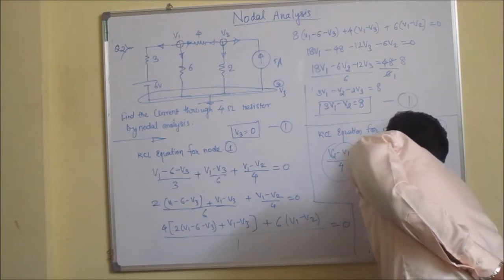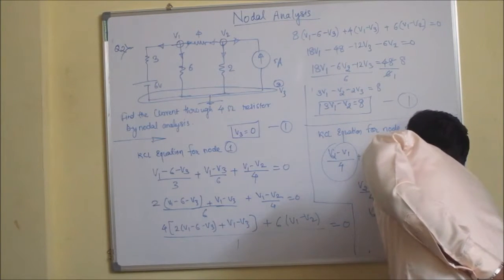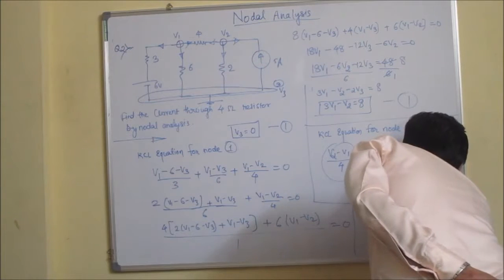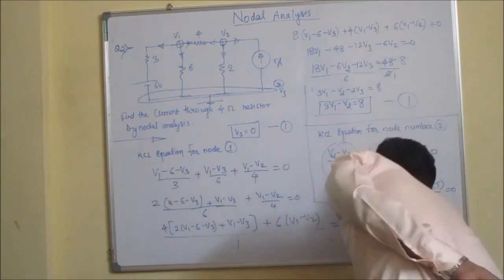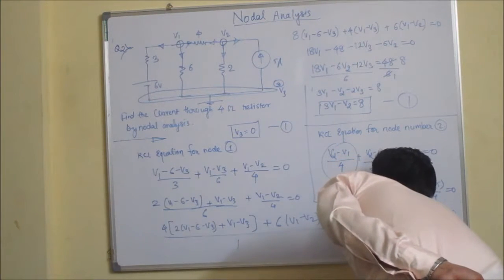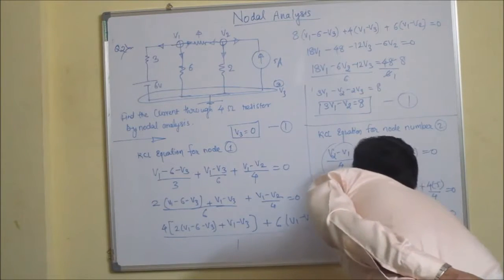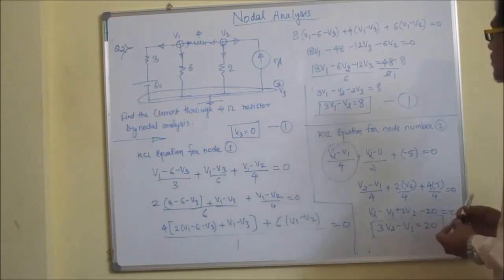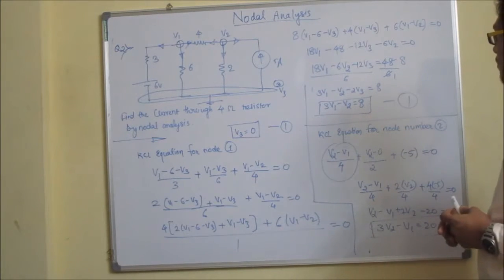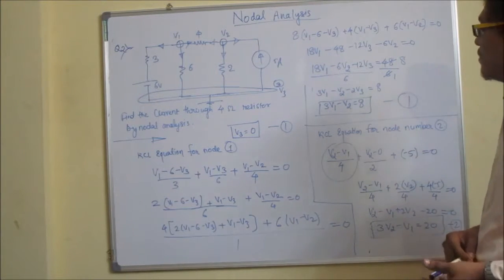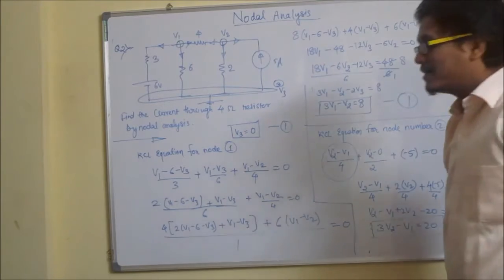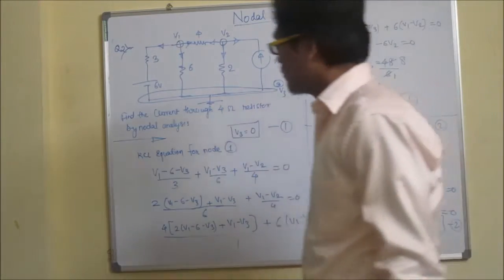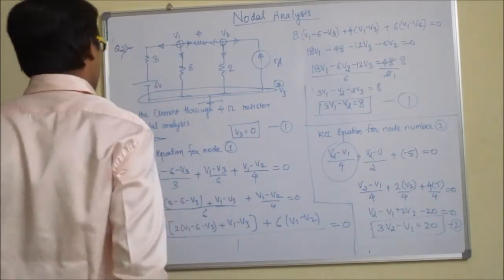V2 minus V1 plus 2V2 minus 20 is equal to 0. 3V2 minus V1 is equal to 20 as my second equation. Equation number 2. Now we just have to put the values in the calculator and find the answer. So we will be able to find V1 and V2.